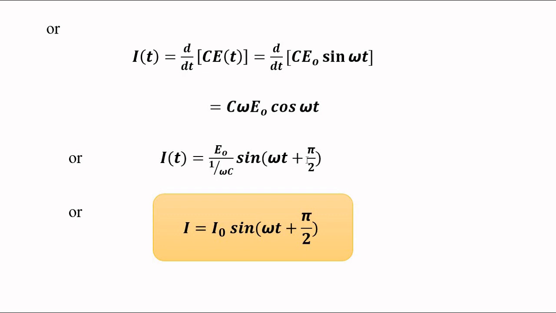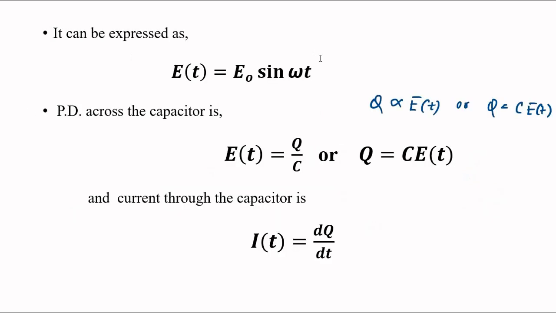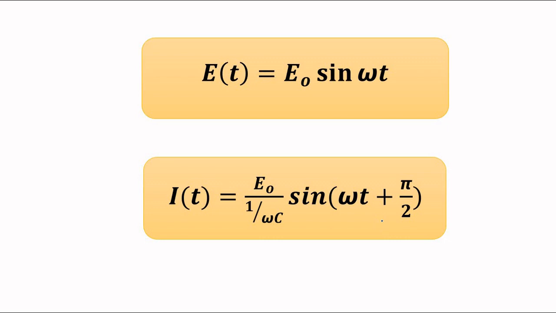Now if you compare this current expression, where I0, the maximum value of the current, is equal to E0 divided by (1/omega C), with the expression for the time varying EMF, you will see that the current is leading the EMF by pi/2 radian or 90 degrees.